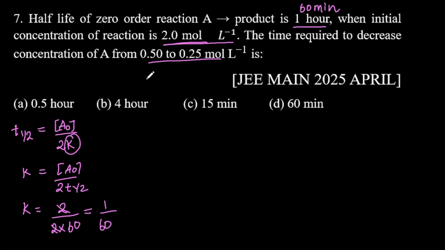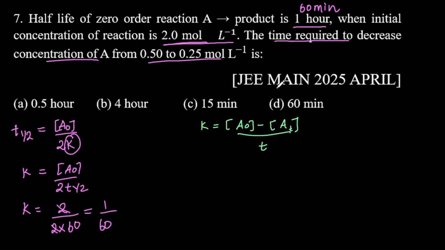So let us keep this. Here they are asking the time required to decrease the concentration of A from 0.50 to 0.25. We know the integrated rate law for a zero order reaction: K is equal to concentration of A naught minus concentration of A at some time At, divided by t.